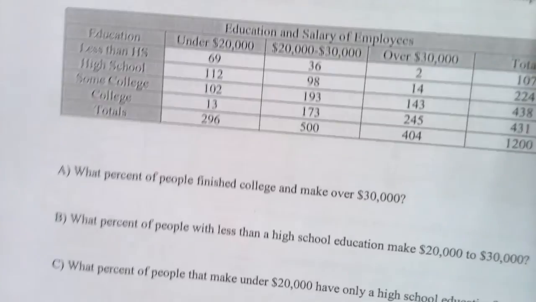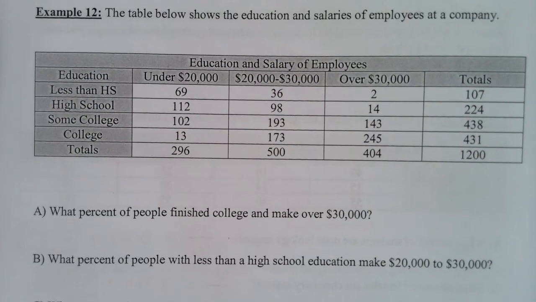And now we have one more, example 12, just to finish it off. What percent, so this is talking about salaries and education levels. What percent of people finished college and make over 30,000? This is talking about everybody. What percent of everybody? So it's going to be out of 1,200.